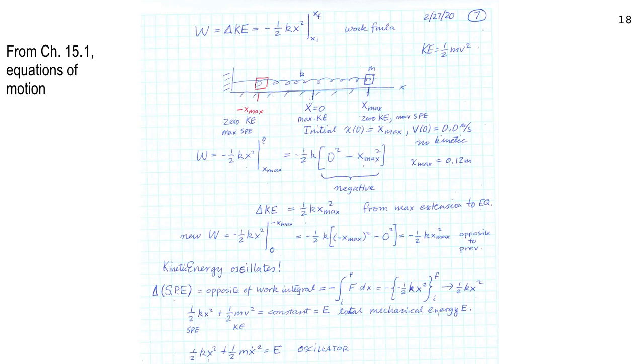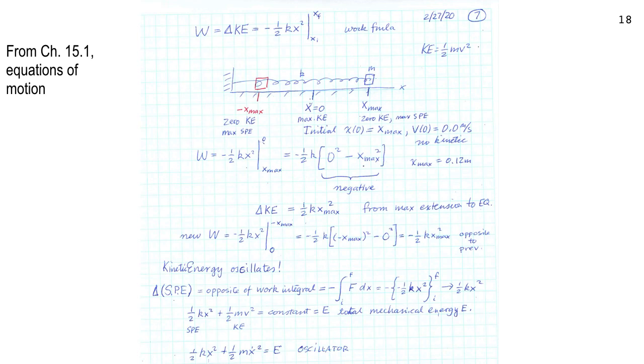Because this is KE, this is spring potential energy. Whatever the kinetic energy loses goes into the potential. And if you think about it here, the change in the SPE from 0 out to negative x max is going to be positive. You're gaining potential energy as you lose kinetic. So out here, you have max SPE, and same thing out here at x max.